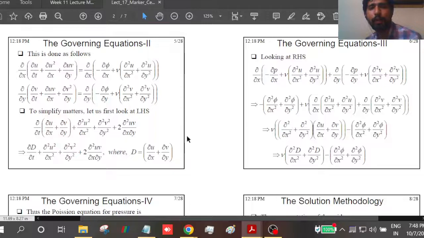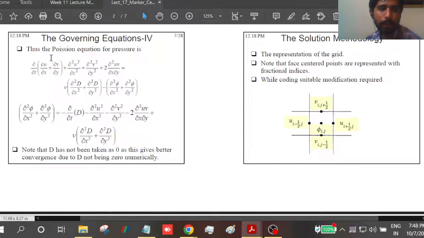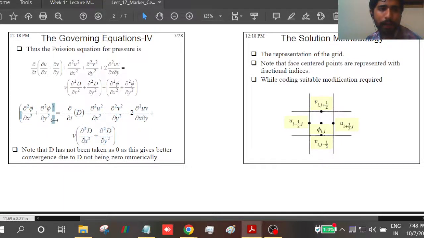We don't try to eliminate the pressure term in this particular formulation. When you add them, LHS and RHS are formulated separately, and then finally you come up with a pressure Poisson equation. Through this you can separately calculate the pressure also. That is how we come up with an explicit equation for pressure.